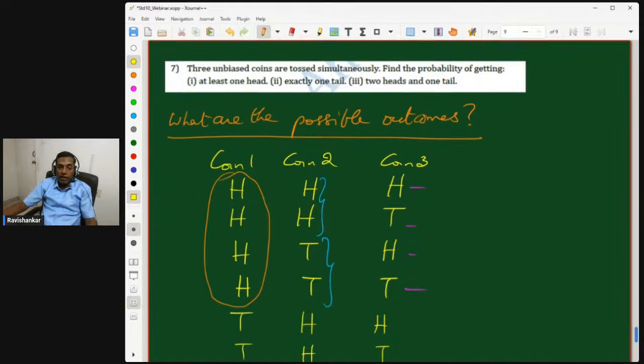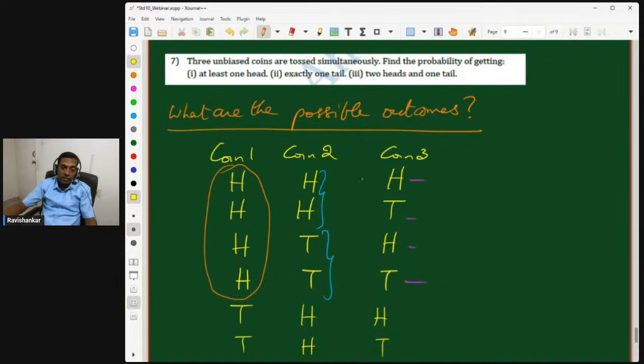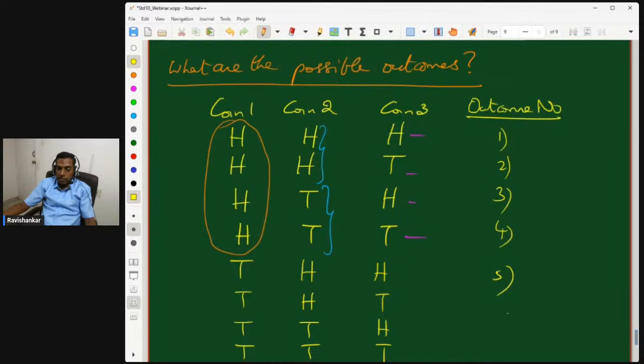Okay, and at least one head. So let's number the outcomes. 1, 2, 3, 4, 5, 6, 7, 8.